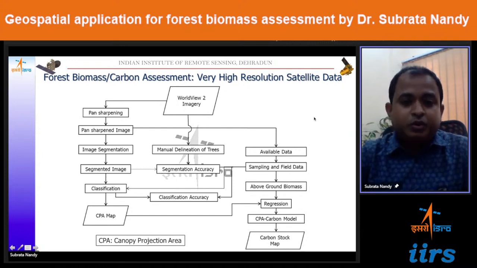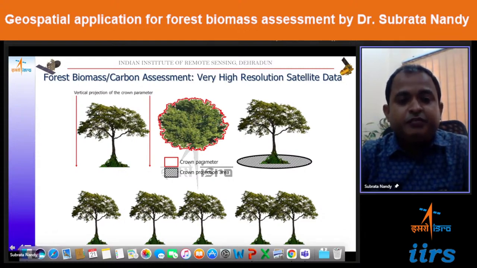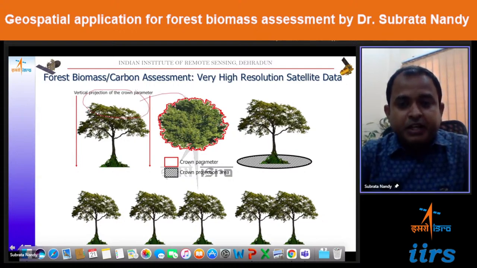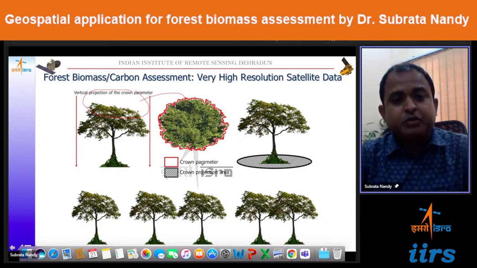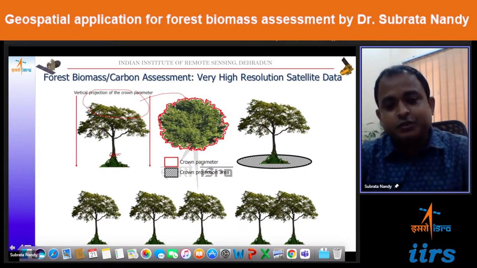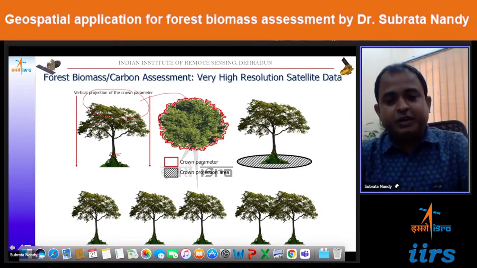Now here, if you see, in the field this is called canopy projection area, which is shown here. By developing a relationship between canopy projection area and diameter of a species at a site, so it is species specific and site specific, we generate an equation.